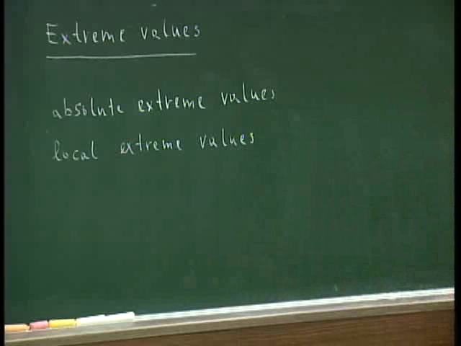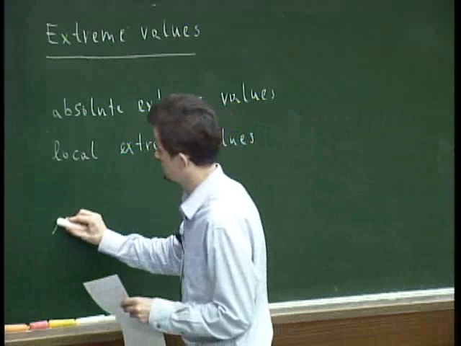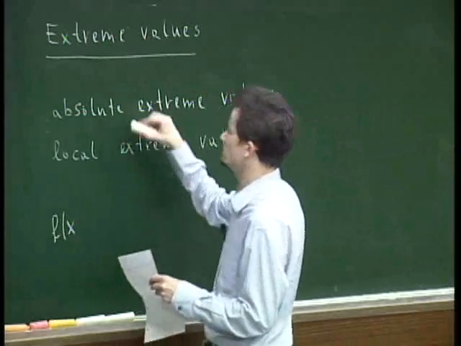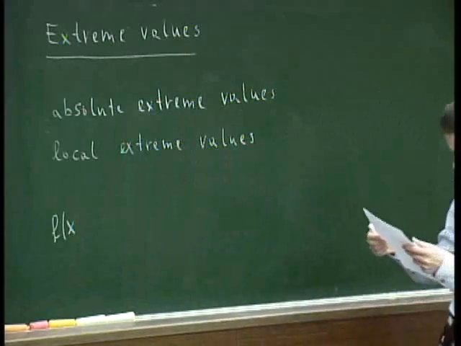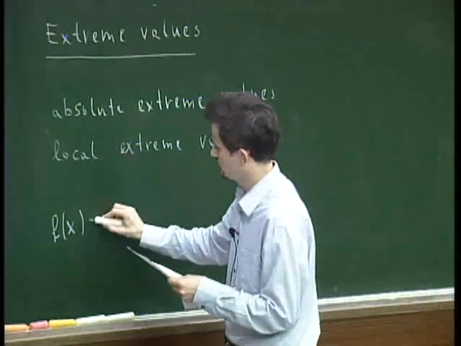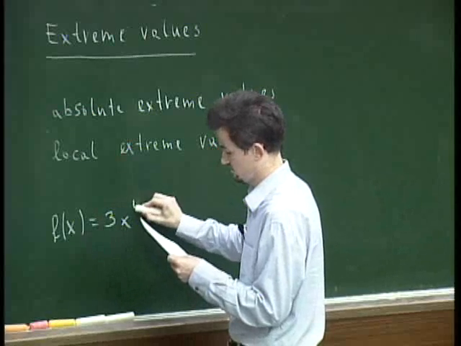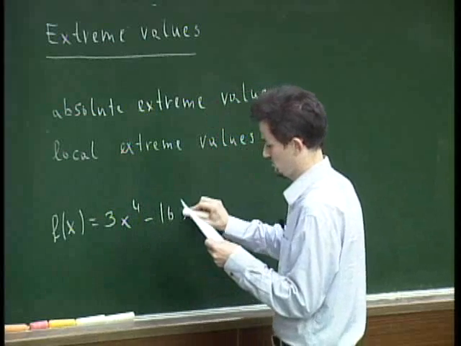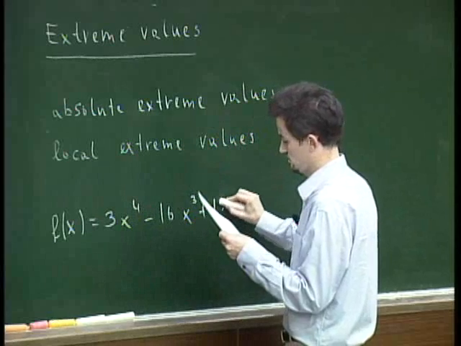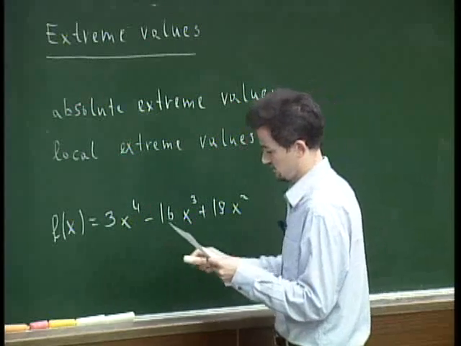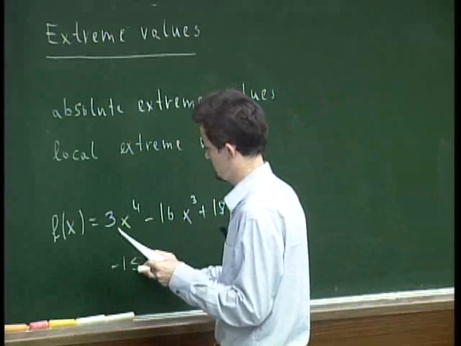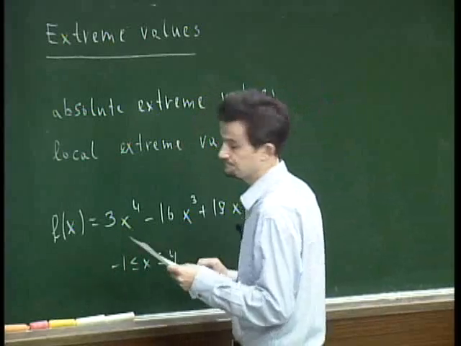And just to stress this point once more, last time I showed you an example. Of course, the definition here is straightforward, but sometimes you have to be a little bit careful. So last time we looked at this example here, where x is between -1 and 4.